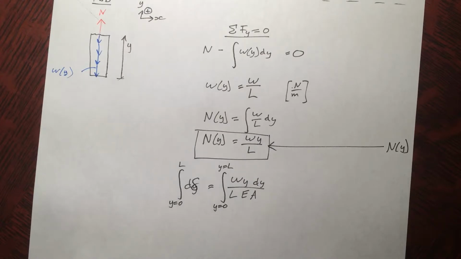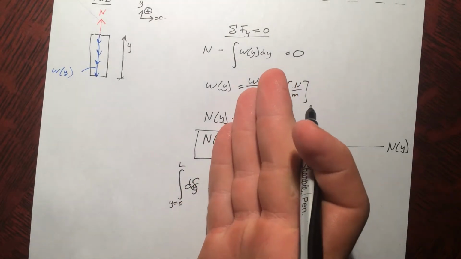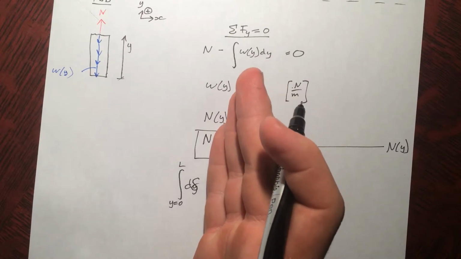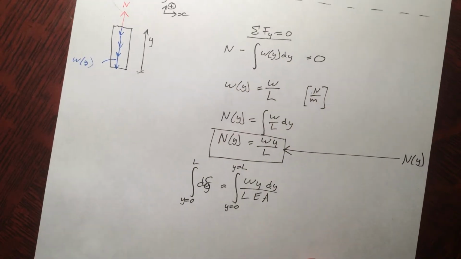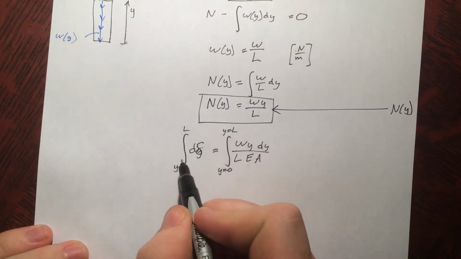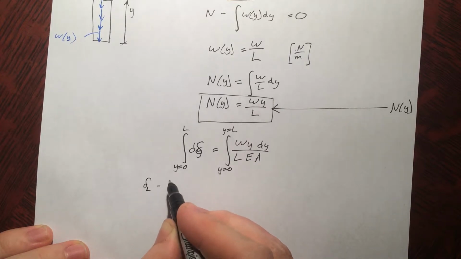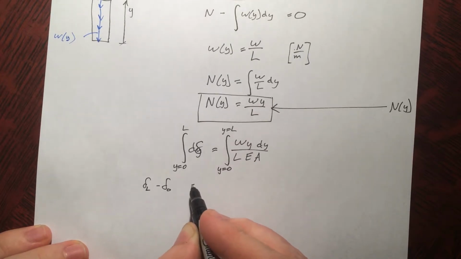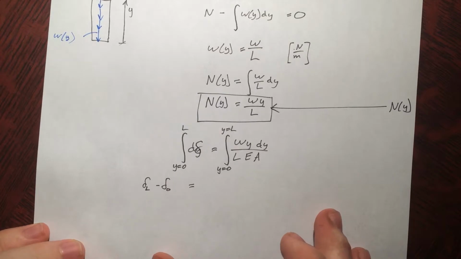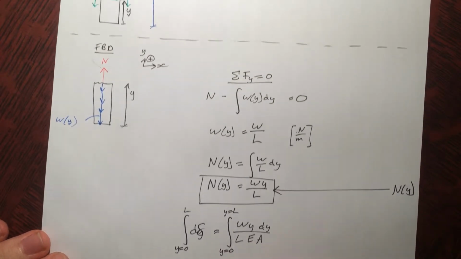Let's take a look at this side of the equation first, because this is a tricky piece in this question. If we evaluate this, dδ, the limits do depend on delta, so this is delta at L minus delta at 0 equals whatever this is, we'll get to that. Now, the delta at L, what is that going to be?